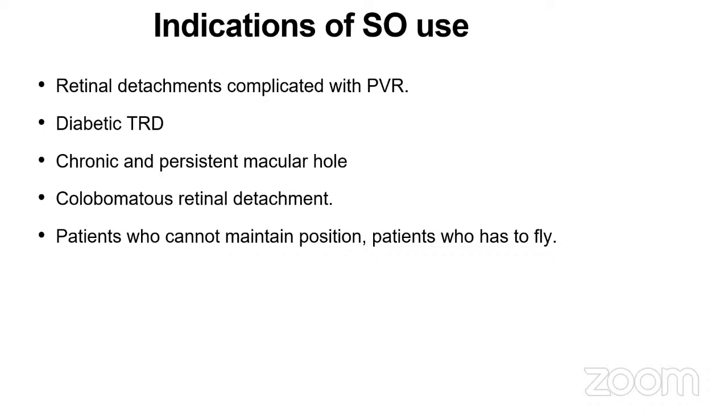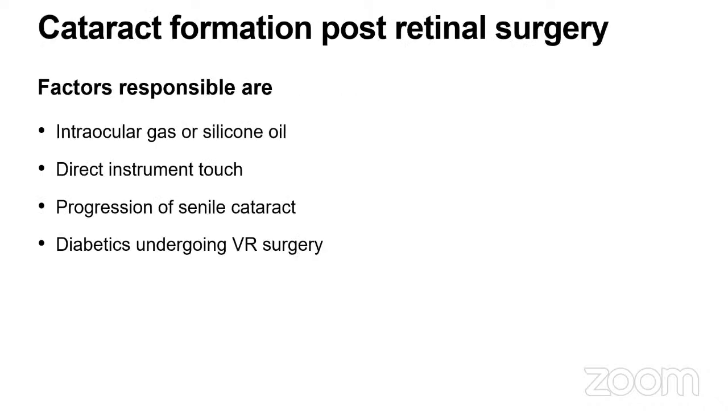If a patient has to travel by air, then gases are not preferred, as they may suddenly expand and increase the IOP and lead to further complications. So in such patients, oils are preferred, and even in very old patients who cannot maintain position for a long time, oils are preferred. And silicone oil can be used in cases of endophthalmitis also. Here, the oil may act as an antimicrobial, and it helps in better management of endophthalmitis cases. So these are some of the common indications.